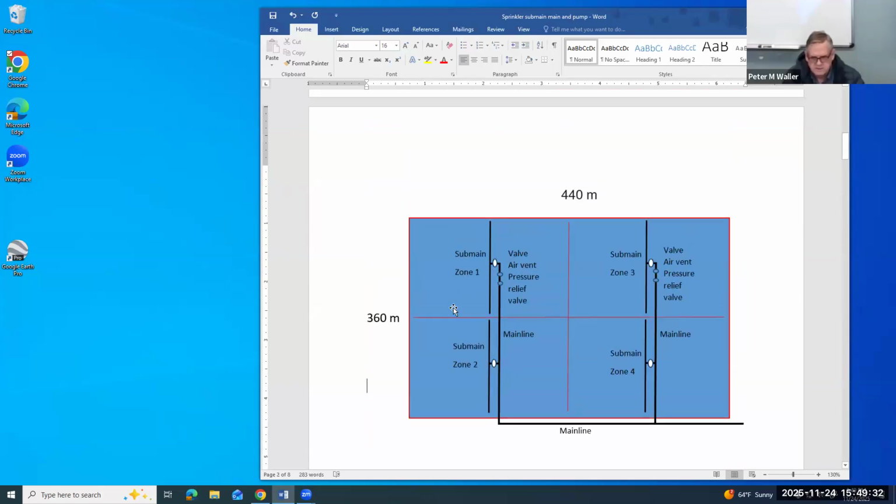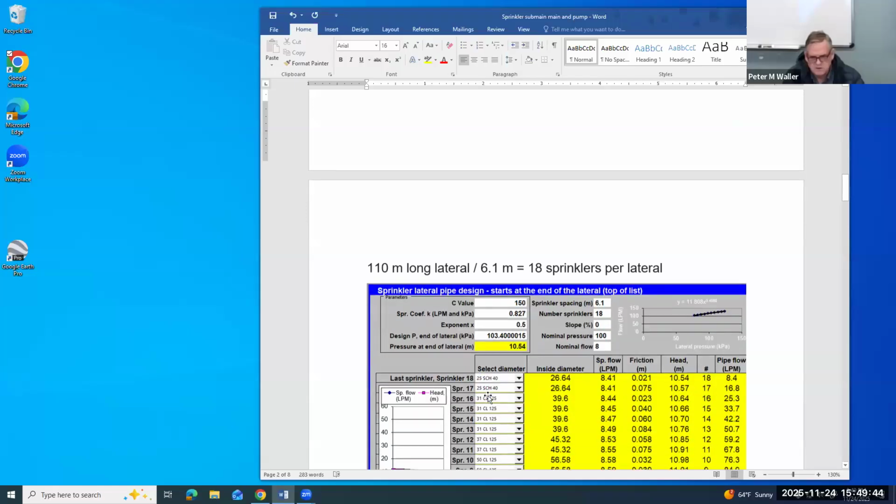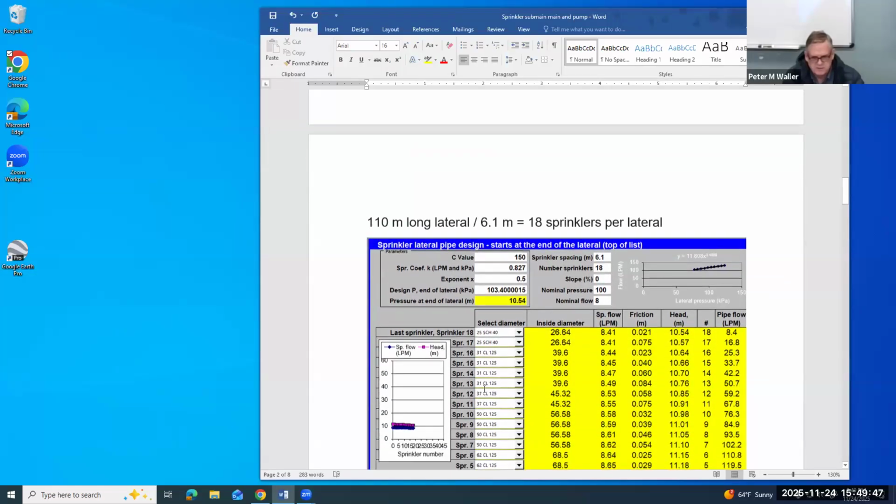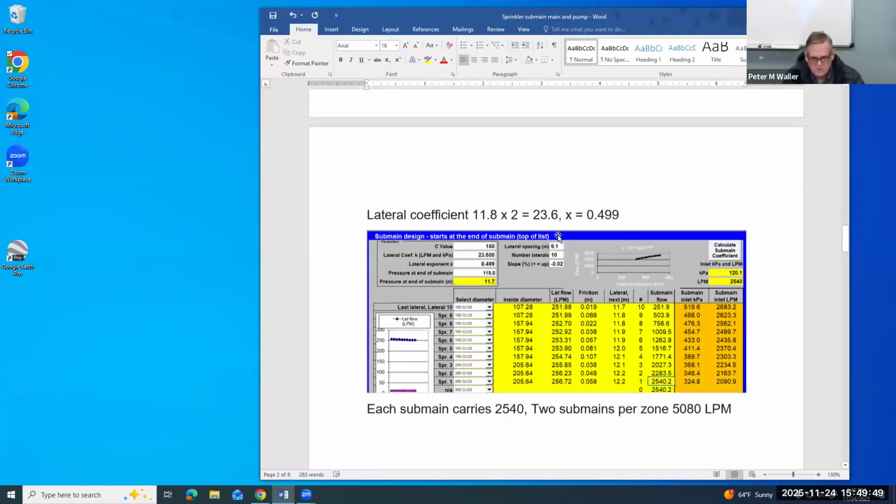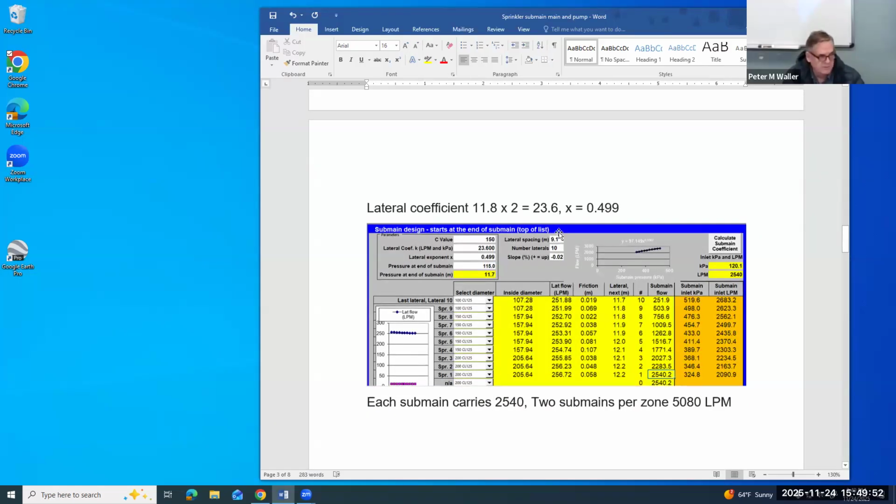Each of these submains, we've got 360 meters, so we have 90, 90, 90, 90. There's 30 feet or 9 meters between submains. So we have 10 laterals on the submain. Now with our lateral coefficient, we can calculate our flows, and then we can put in our pipe sizes.